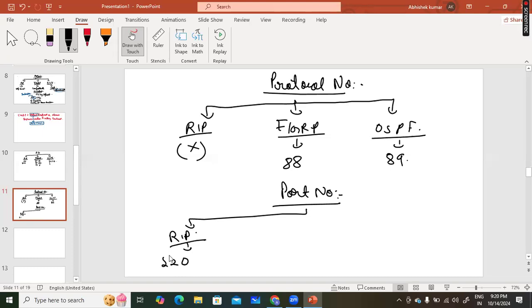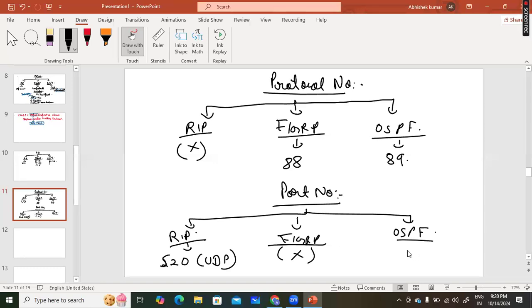Is it TCP or UDP? UDP 520. That's good. And EIGRP and OSPF? They don't have any port number.